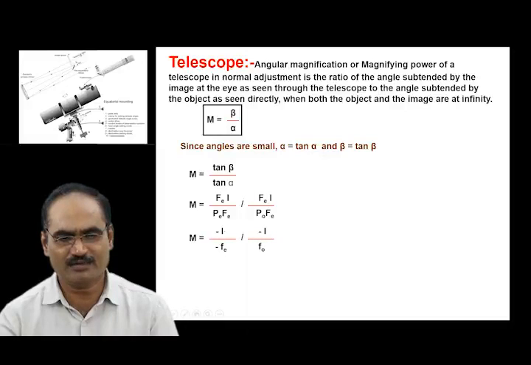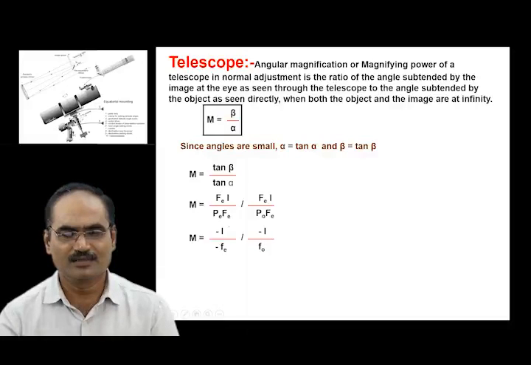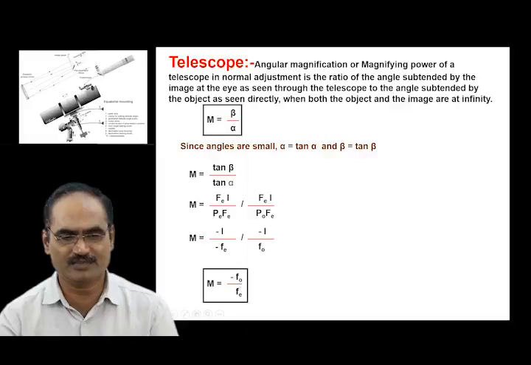So minus I by fe, and this is also minus I by f naught. Otherwise, you can write the same thing, and here these two get cancelled. So ultimately, we can write like this: minus f naught by fe is the magnification.